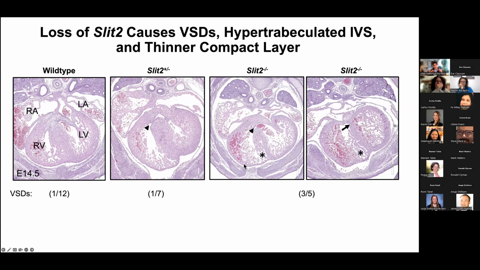I think there's a balance between the specification of the compact layer and the trabecular layer, because the trabecular layer becomes more compacted during development, and typically that's apparent at 14.5, which is where this time point happens.